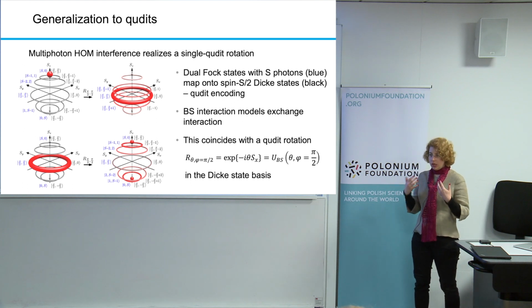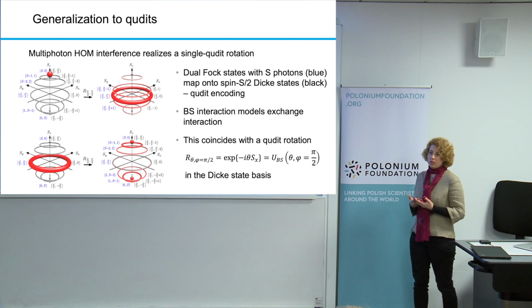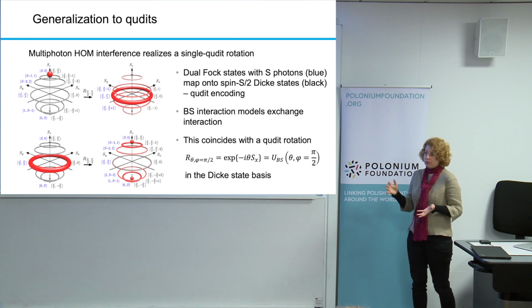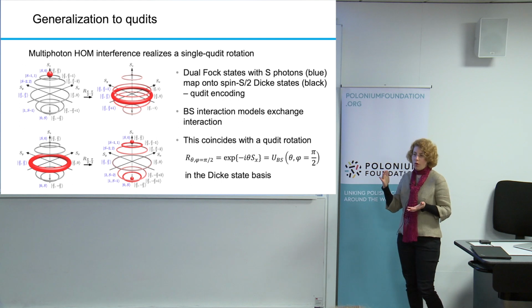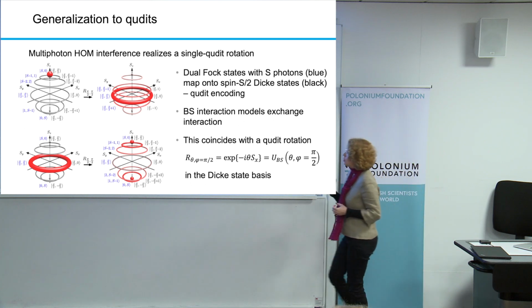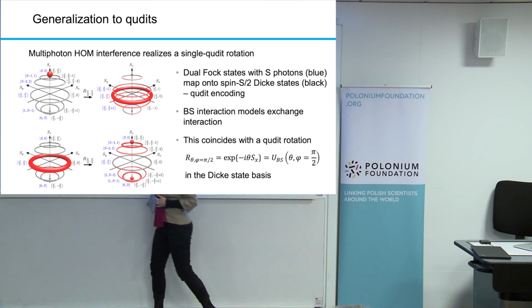One can actually generalize this result to other systems which have nothing to do with photonics anymore. Since two-mode bounded Fock states can be easily mapped to a spin system, we can understand this mapping in this figure.